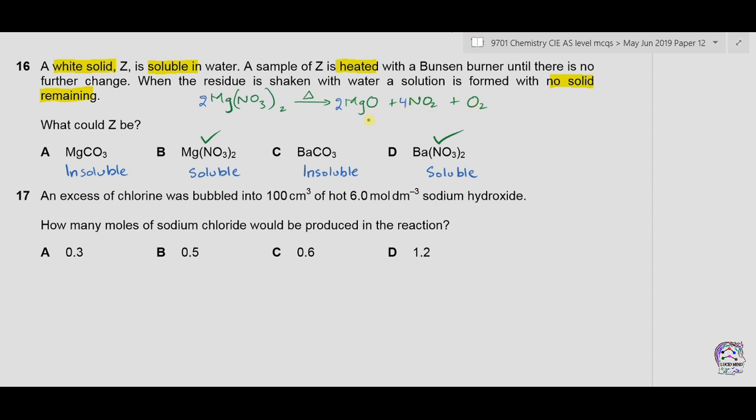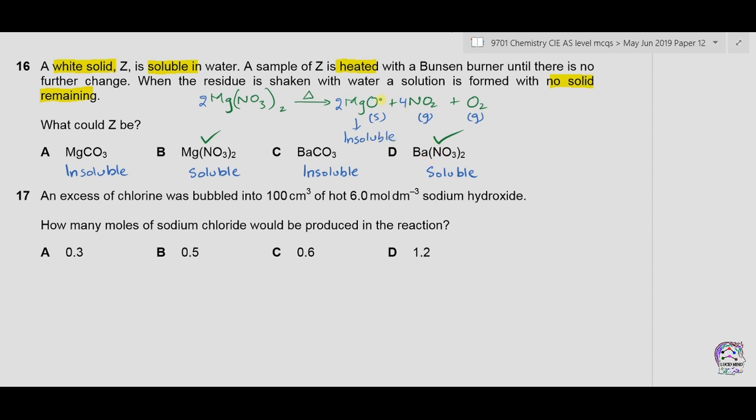Among the products, magnesium oxide is in solid form, nitrogen dioxide is a gas, oxygen is also a gas. So in the question it says when the residue is shaken with water, a solution is formed with no solid remaining. So among these products, magnesium oxide is solid and it is insoluble in water. So therefore it is not magnesium nitrate.